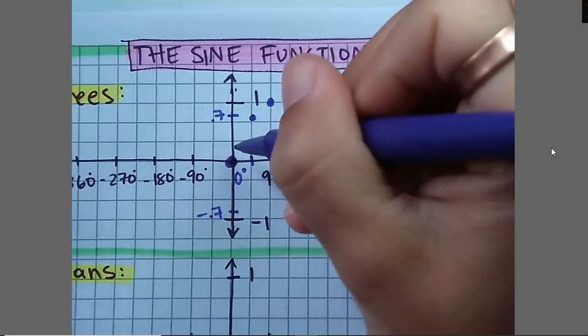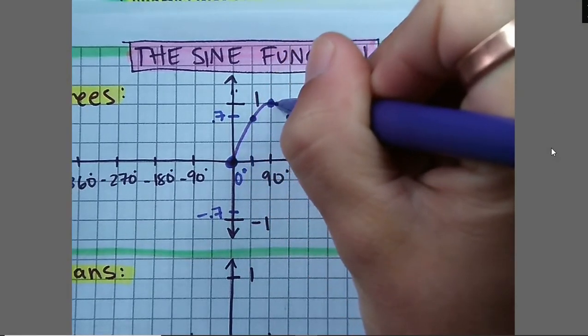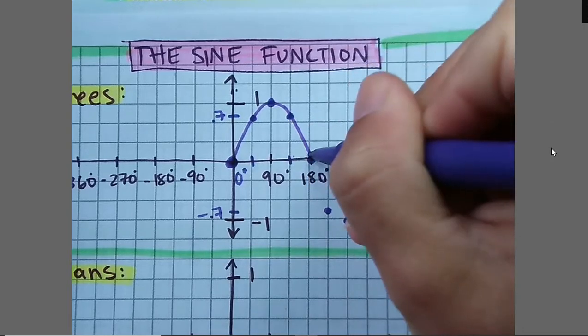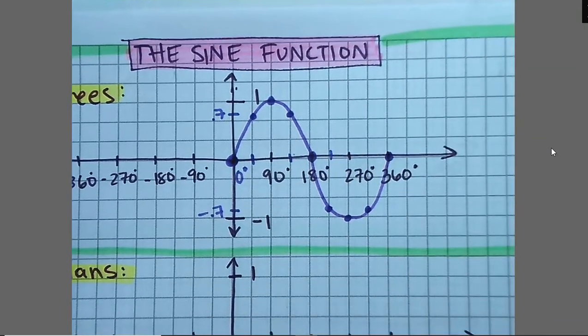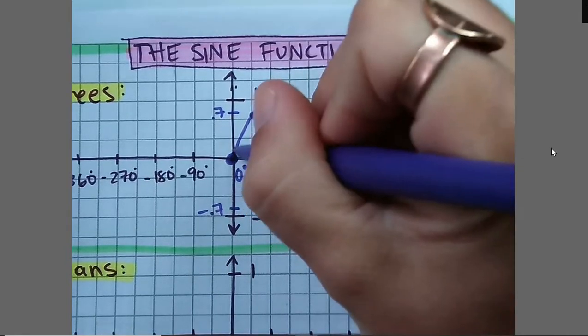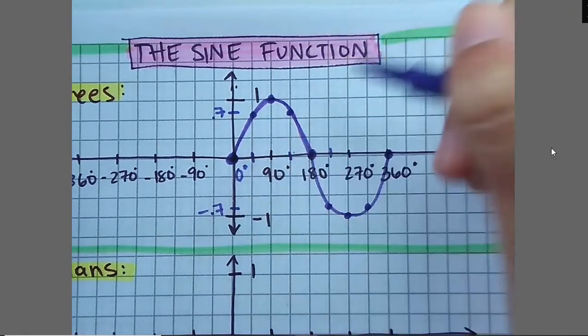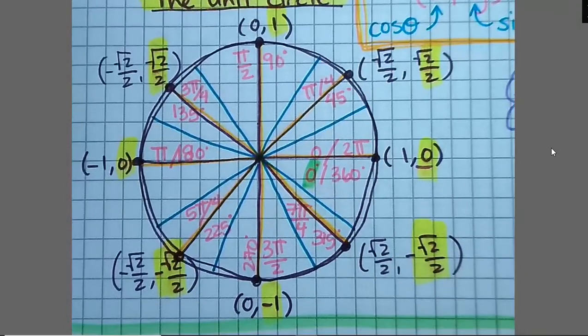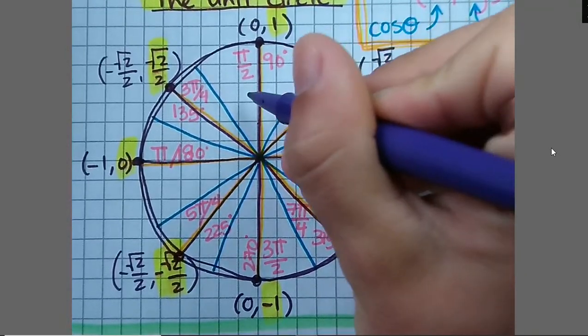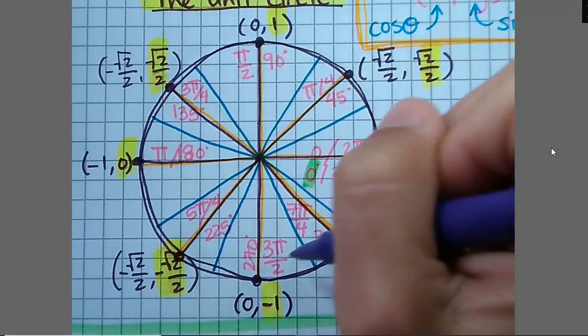All right, so here we have this wave that looks something like this. Now let's look at the left-hand side. What would happen if we went to negative degrees here? Going in the positive direction is like this, so now we're going to go in the negative direction this way.